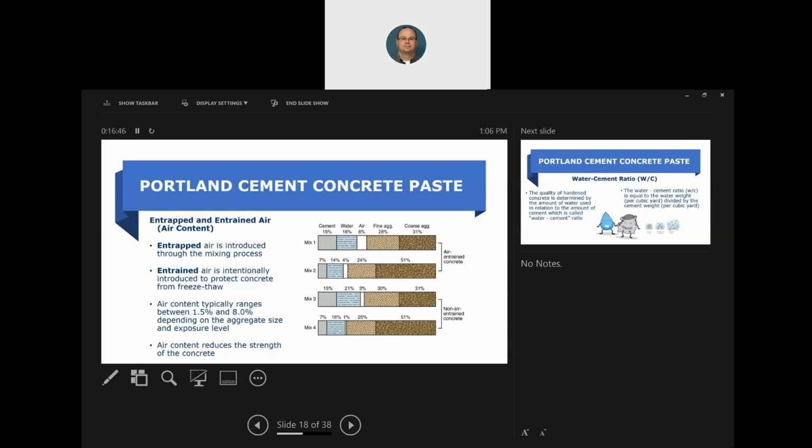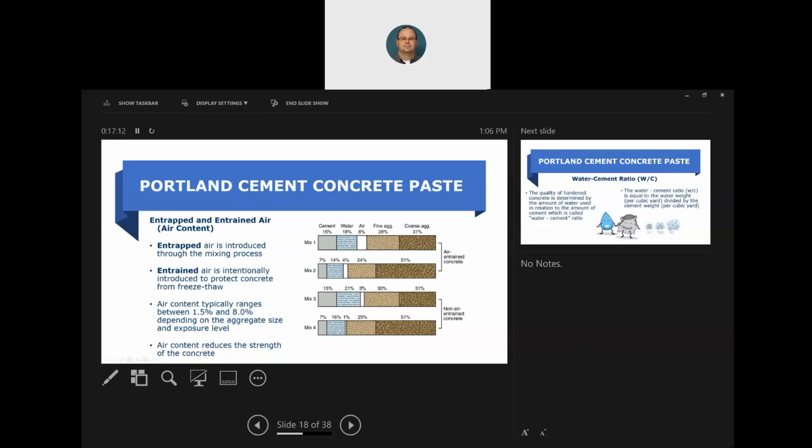If I look here, if we have the same volume in this picture on the right, if our air goes up, something else has to go down, okay? And then with non-entrained air, as our air goes down, something else increases, most likely more aggregate, okay? So just keep that in mind. That's why we want to stay within no more than 8%.